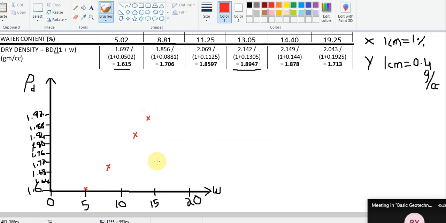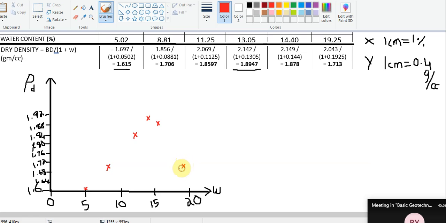Next, 14.4 is here, and 1.87, so I'll round it up to 1.88. Finally, 19.25, it is somewhere here, and 1.713. I'll round it off to 1.71. So 1.71 is here. So my final point is here.